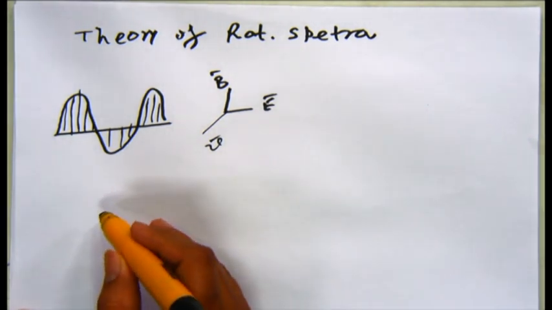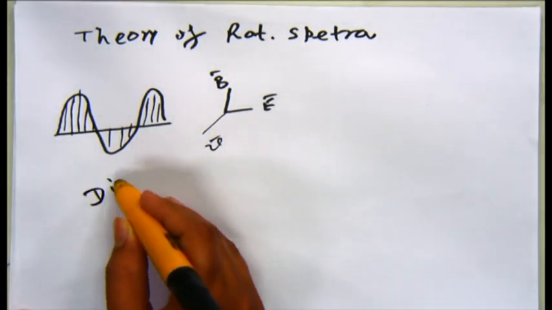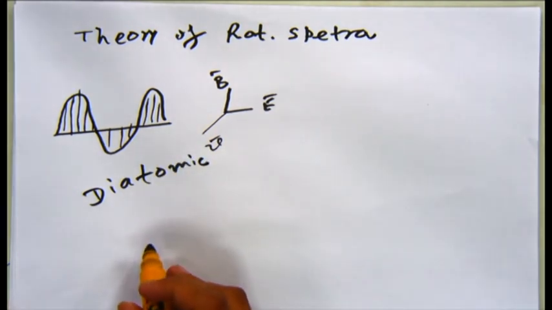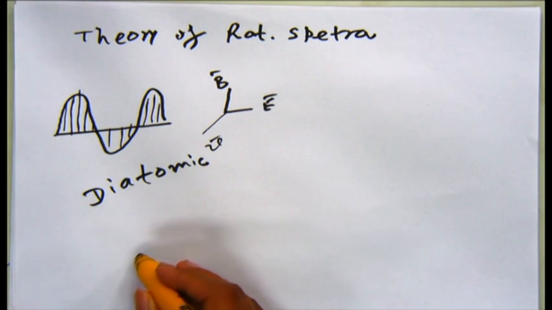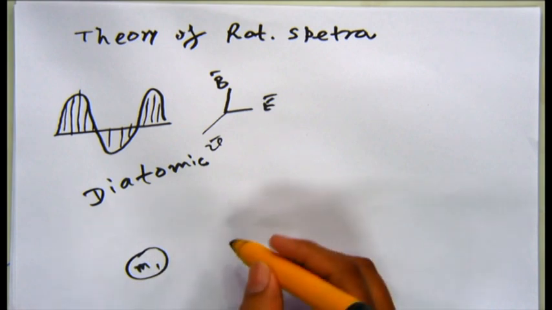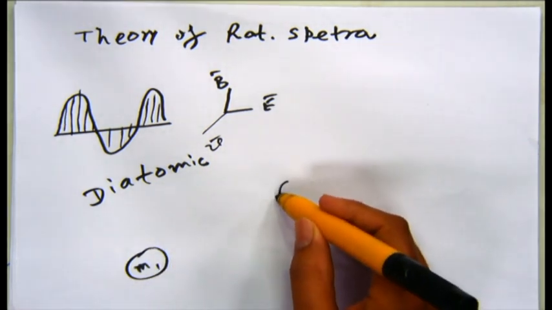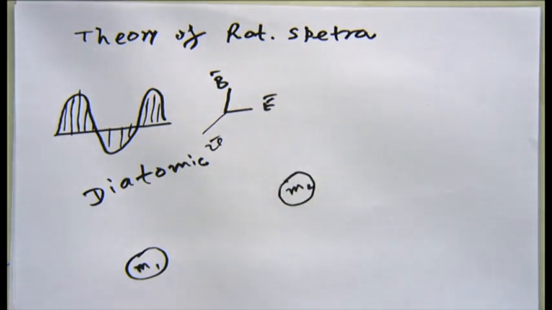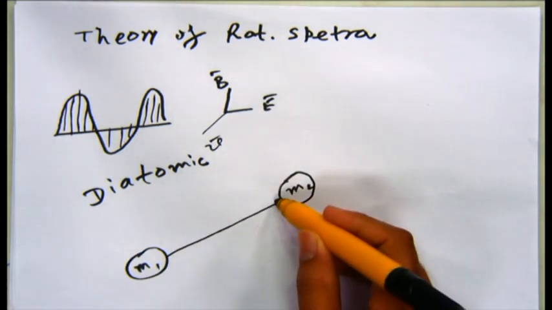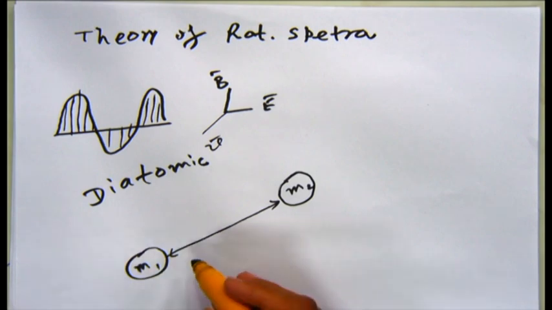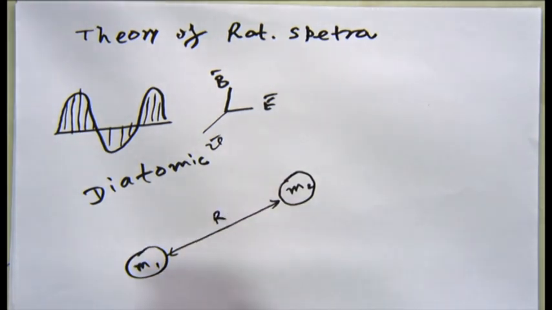Here, if we consider a diatomic molecule, for example, the mass of the first atom is m1, and the mass of the second atom is represented by m2. Further, the distance between the two masses m1 and m2 is represented by r.